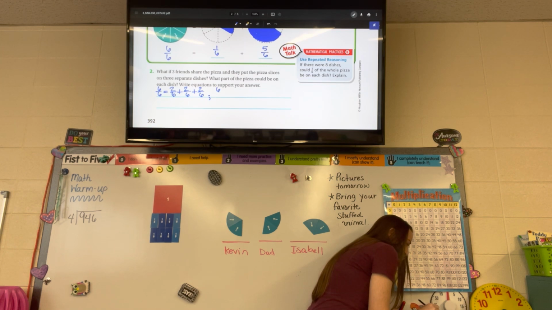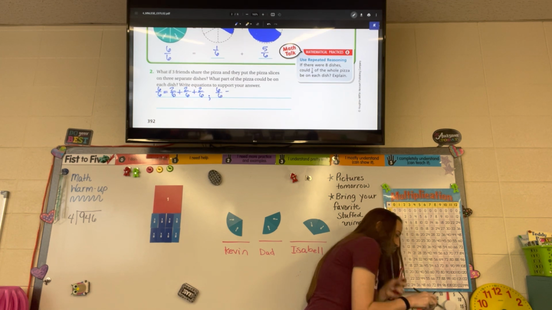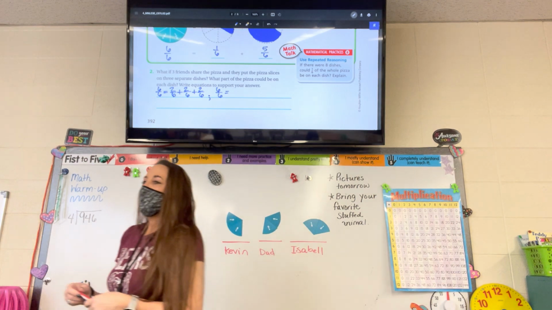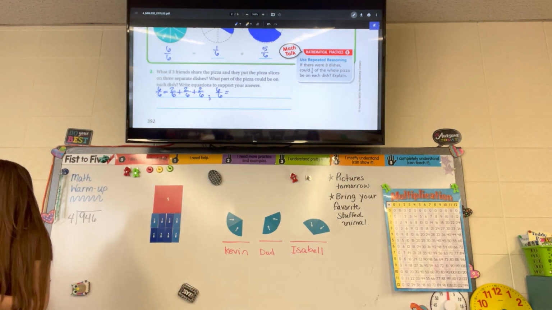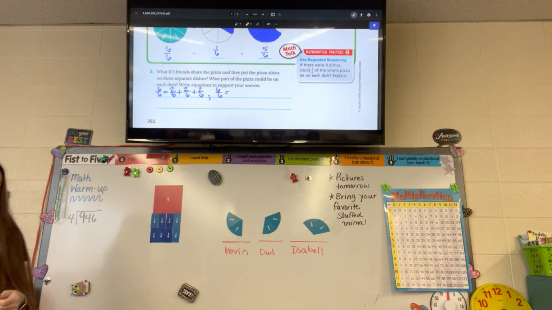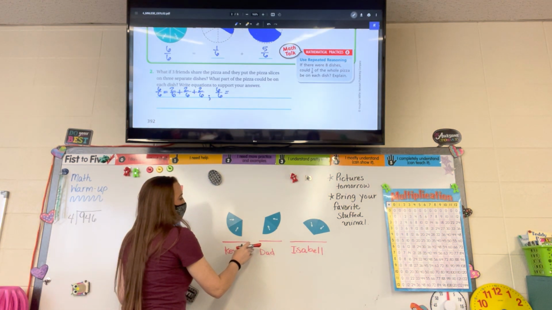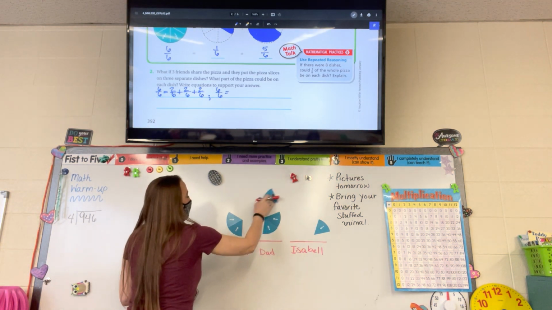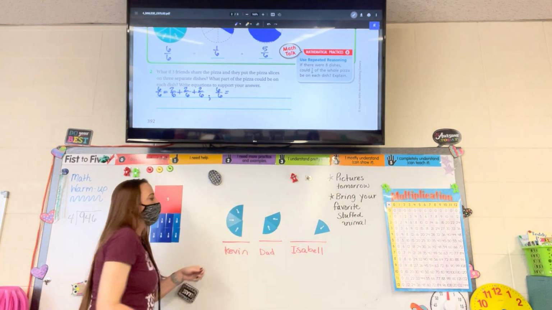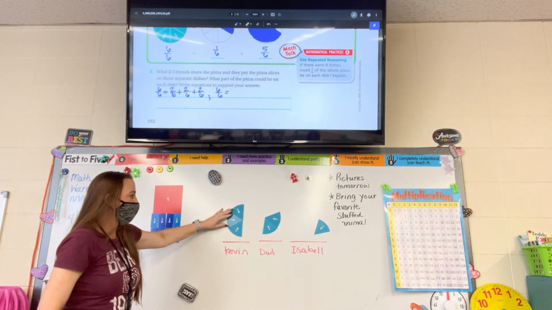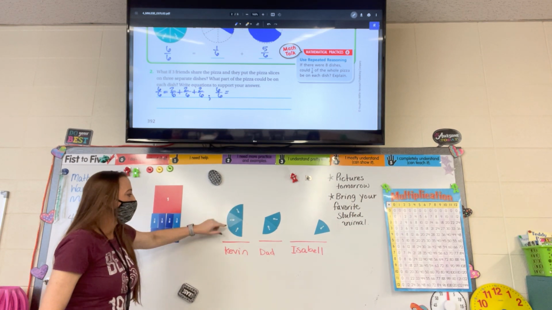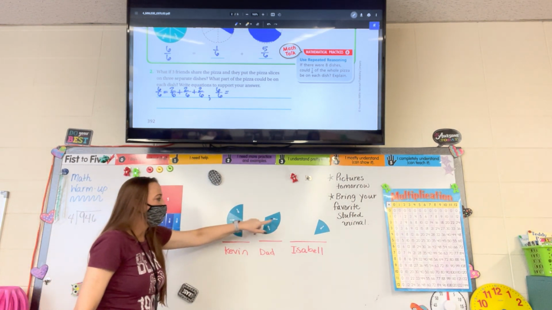Okay, what's another combination that they could have done? Let's see, Landon. Kevin could have 3, and then the dad could have 2, and then Isabel could have 1. Okay, that's a possibility. Kevin could have 3, Dad 2, Isabel 1.